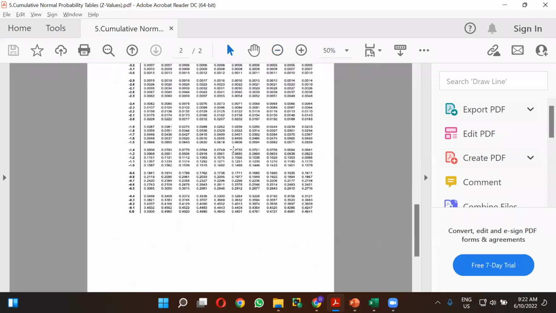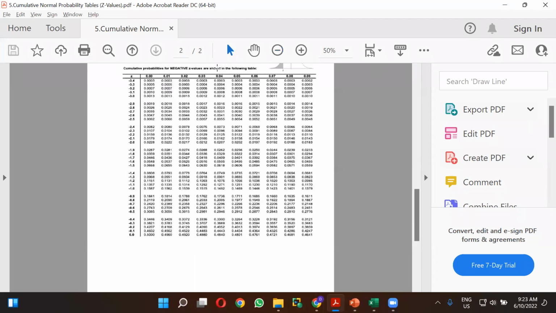I will make it a little bit smaller, otherwise I cannot see the top of the table, right? We have taken the value as minus 0.33. So minus 0.3 is here, and minus 0.33. So what is the value?